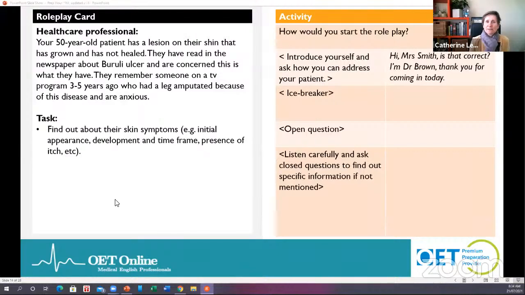So one piece of information you're going to take from the background at the top of your role card when you start talking to your patient. And then plan your open question. Your icebreaker might be to comment on why they've come. So maybe you can even see the spot on their shin when they walk in the room.